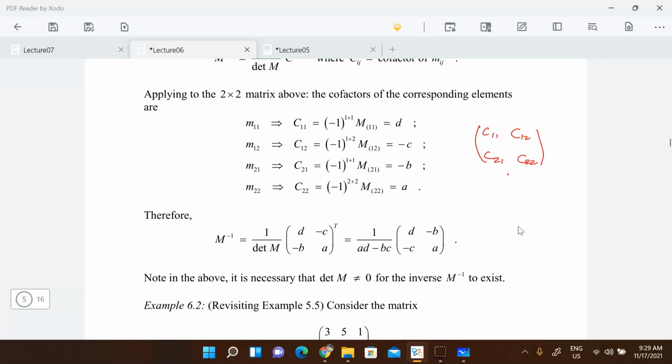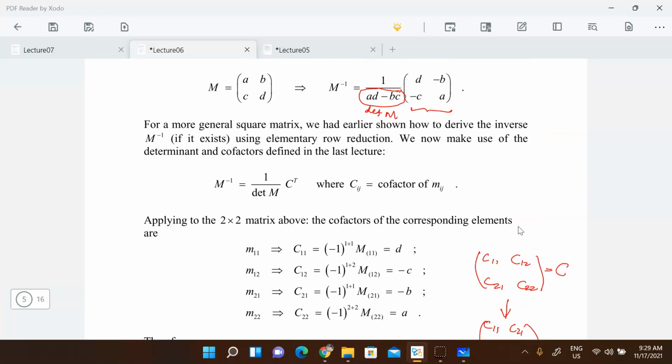But instead, this will be equal to C over here, but what you have is the C transpose. So you get C11, C21, C12, C22. You look at that, C11 is D, and then C12 is minus C. Minus C appears here.